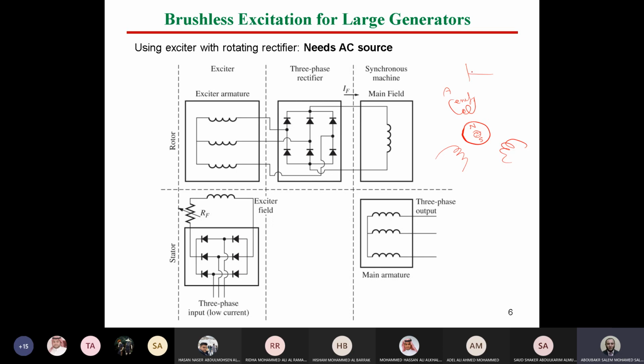So the magnitude of flux will change. This makes the EMF increase and then decrease again. When you reverse the polarity of the poles to S, it will act the same in the negative half cycle. So we can generate an AC supply, which is the main target of the generator. Without connecting the DC field on the rotor circuit, you cannot establish any flux. This is the main purpose of excitation.